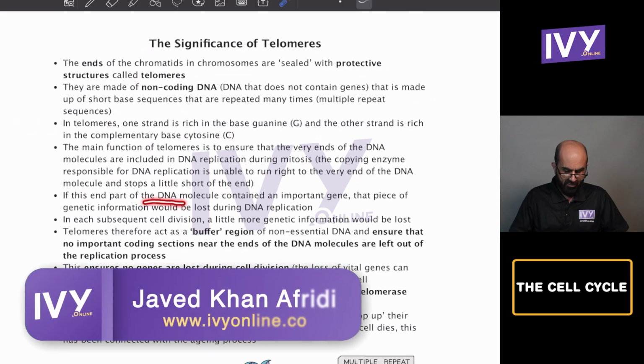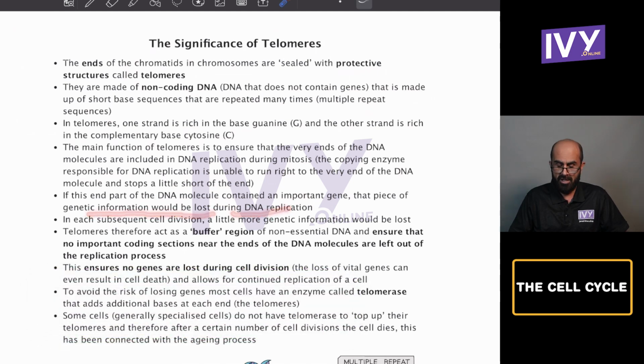If this end part of the DNA molecule contained an important gene, that piece of genetic information would be lost during DNA replication. So, in each subsequent cell division, a little more genetic information would be lost. Telomeres therefore act as a buffer region of non-essential DNA and ensure that no important coding sections near the end of the DNA molecule are left out of the replication process.